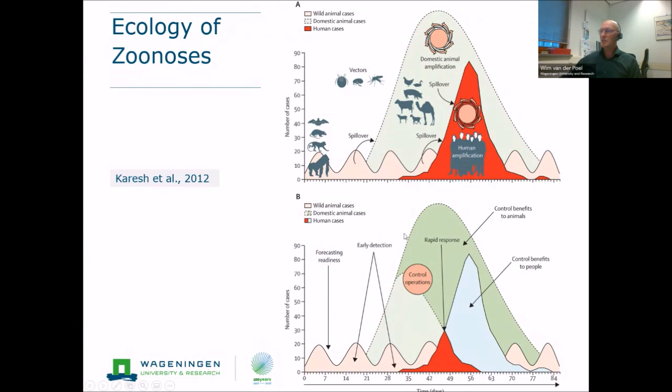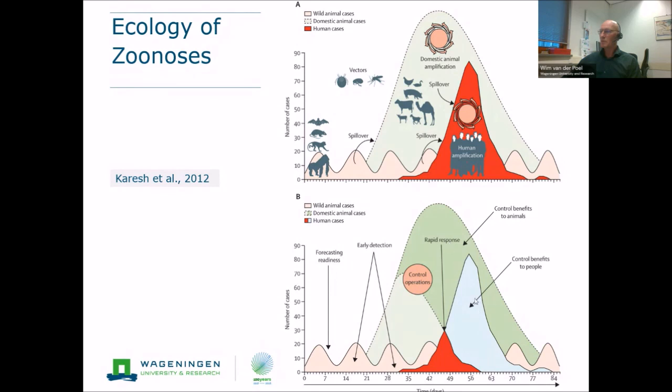And what can we do to do that? Try to forecast what pathogens are occurring in wildlife and are occurring in livestock species. Implement control operations in livestock species, a rapid response in wildlife species, livestock species, and also the human population, using different control strategies.